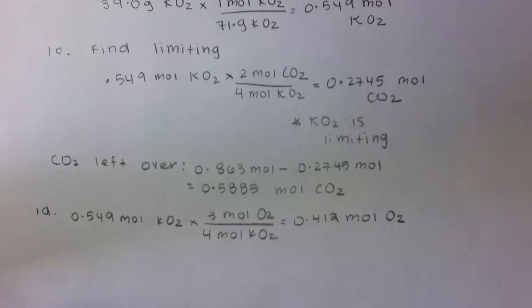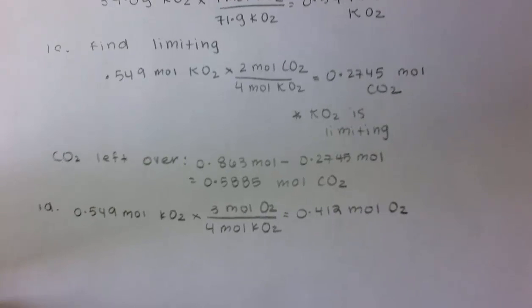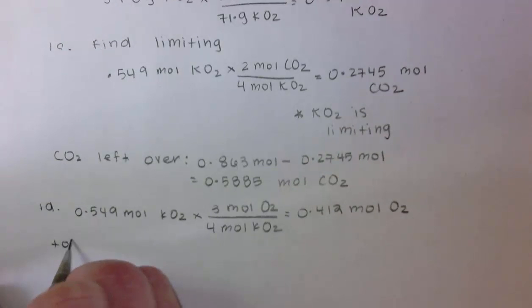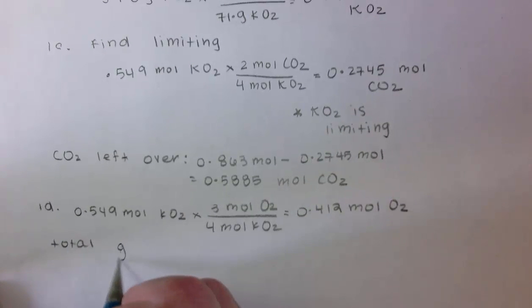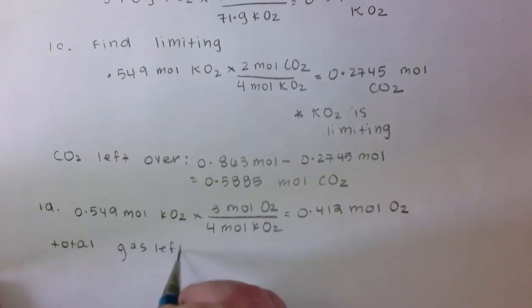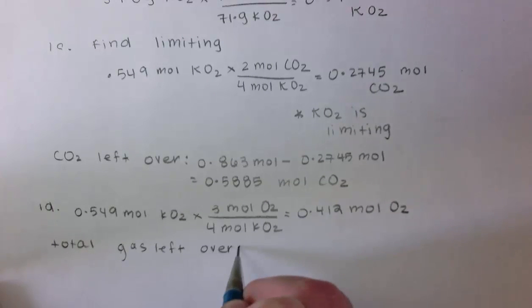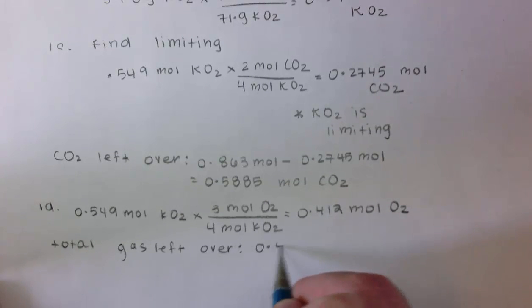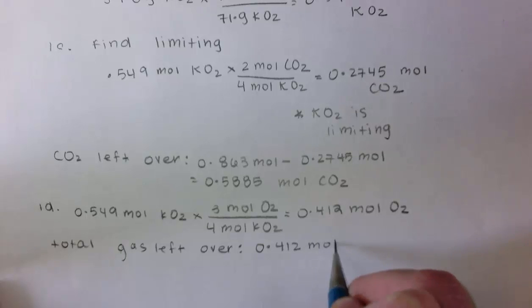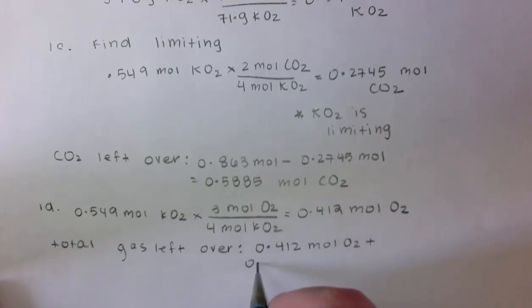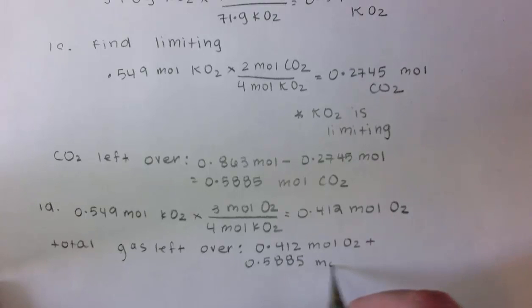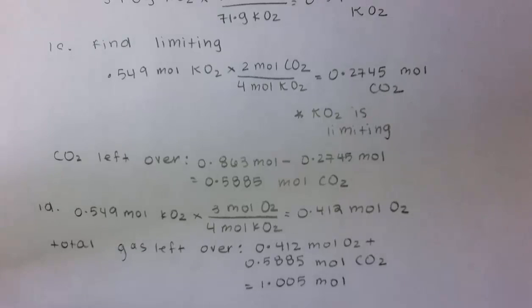So now we can figure out the total gas left over at the end of the reaction. I just add the 0.412 moles of oxygen plus the 0.5885 moles of carbon dioxide that's left over to get 1.005 moles of gas in total at the end of our reaction.